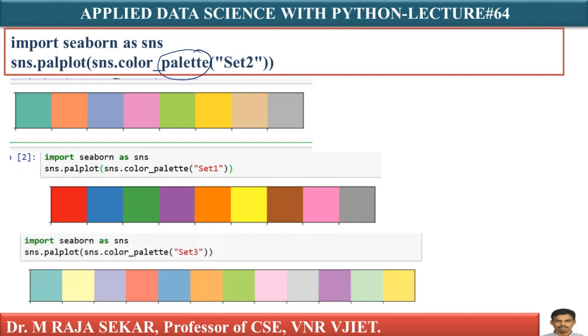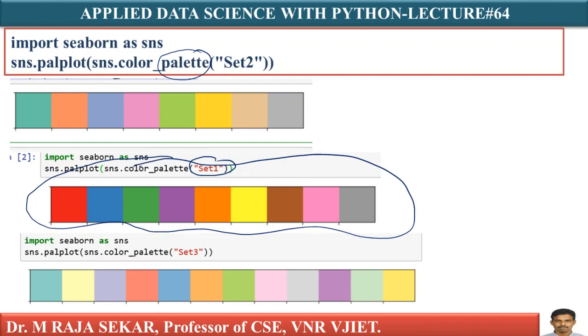Just observe what it says: sns.color_palette('set1'). Set1 means these are the available colors. From these colors I can construct a violin plot. What about set2?